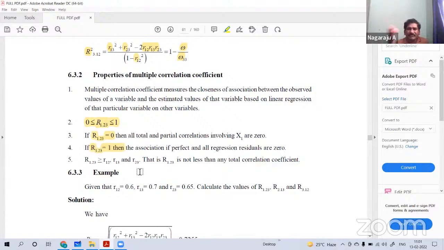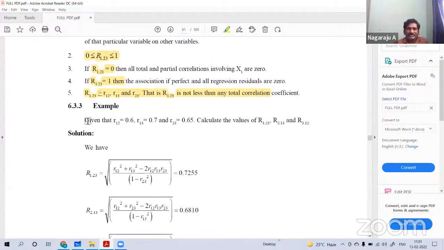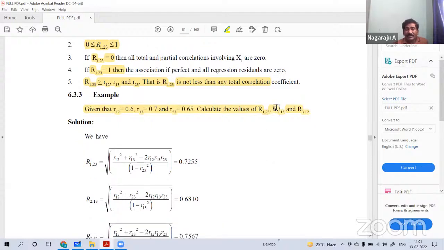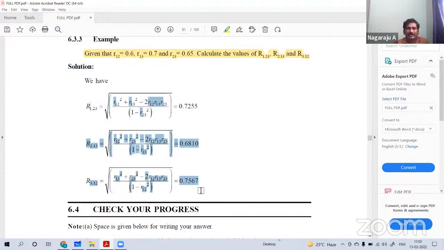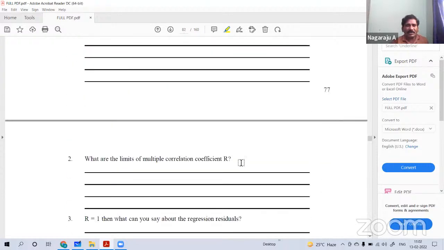It lies between 0 and 1, so the total regression coefficient is not 0. All will lie between 0 and 1 only. Next, R1.23 is not less than 0. It is the total regression coefficient. So they will give the values and ask for the regression coefficient or multiple correlation coefficient, and you directly substitute the values. That is the required answer. This is our overall idea.